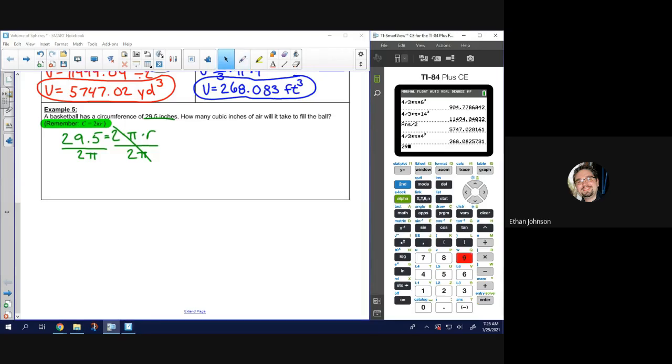So 29.5 divided by 2 pi. To be careful, I am going to retype it in. So 29.5 divided by, since I have a 2 and a pi in the denominator, I am going to put it in parentheses just to be careful. So 2 pi, close parentheses. I get my radius equal to 4.695.